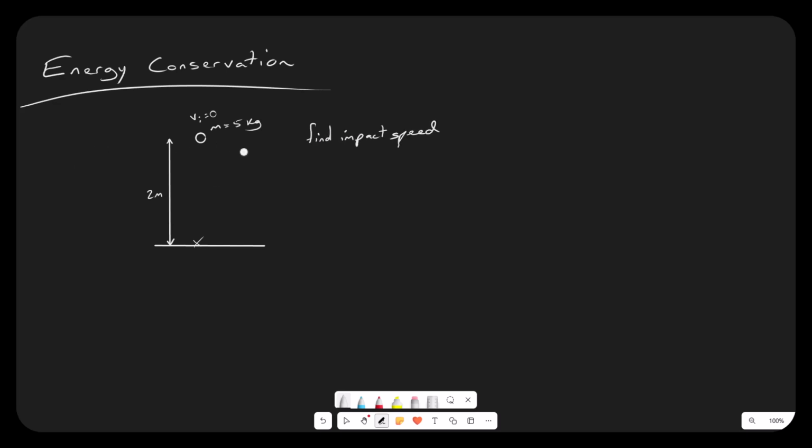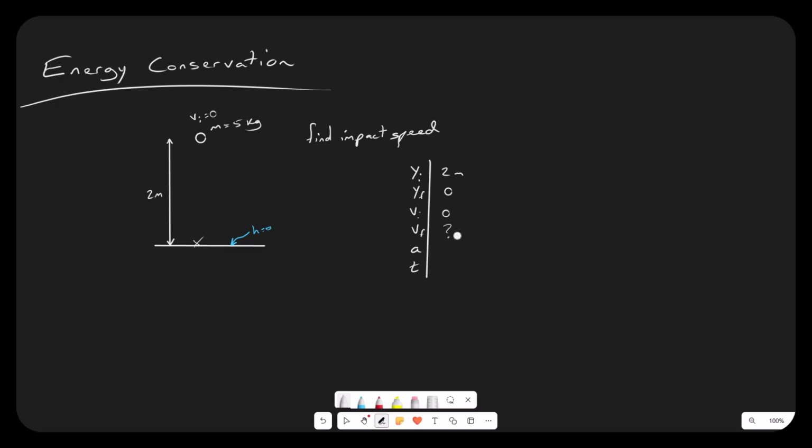Now a while ago, we actually already found one way of solving this. If I said that my height down here was 0, I could set up my table: y initial, y final, v initial, v final, acceleration, and time. I can set up my table and say, 2 meters, 0, v initial is 0.